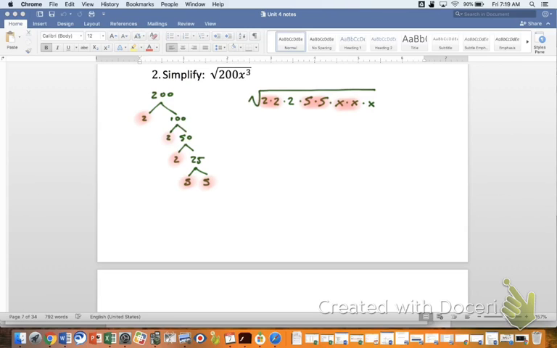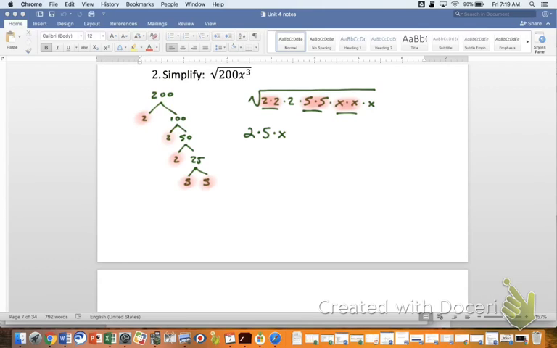So just like before, if you've got a pair of like factors, you can bring out that like factor. It'll come out as just a single one of that pair. So I've got 2 2's in there, so that comes out as a single 2. I've got 2 5's, so that'll come out as a single 5, so it'll be 2 times 5. I've got a pair of x's, and so those would come out as a single x, so times x.